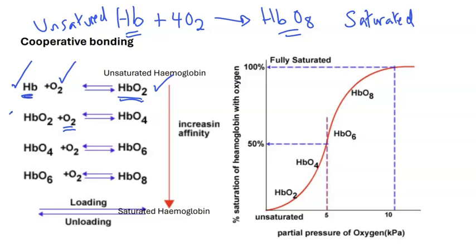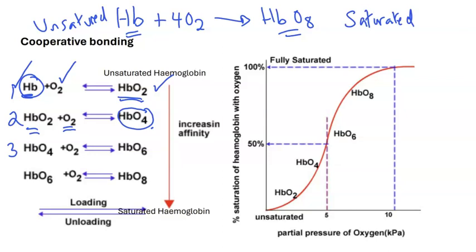So number 2 has a higher affinity for oxygen than the number 1 hemoglobin. And of course this would then produce HbO4. Now in turn, HbO4 has a higher affinity for oxygen than HbO2, and so it attracts the oxygen molecule more readily, and they are attracted and remain together more strongly.